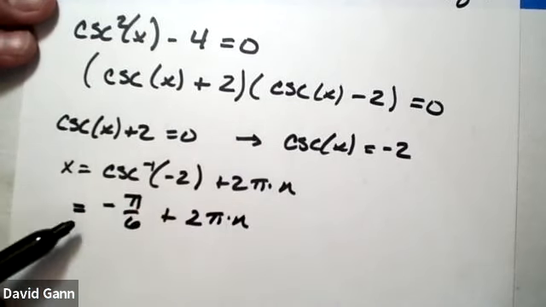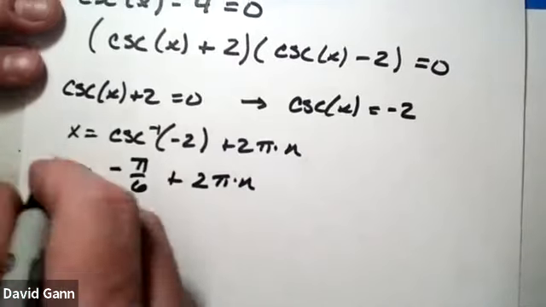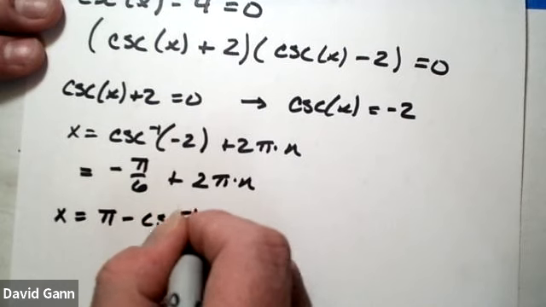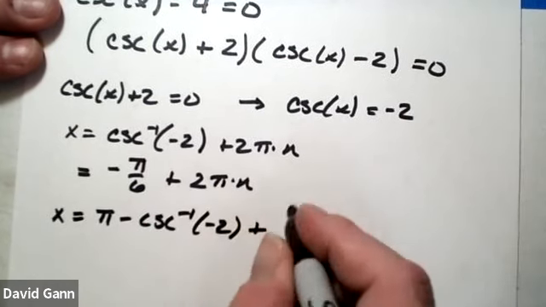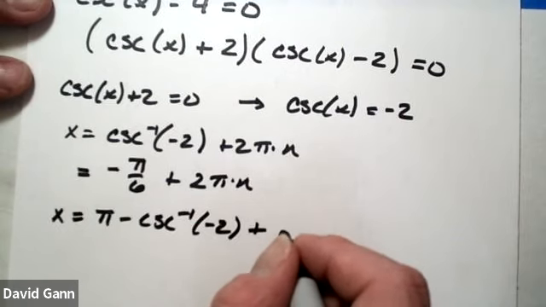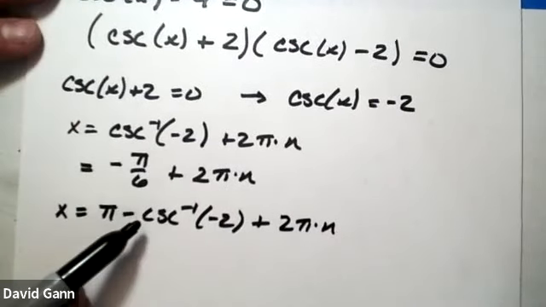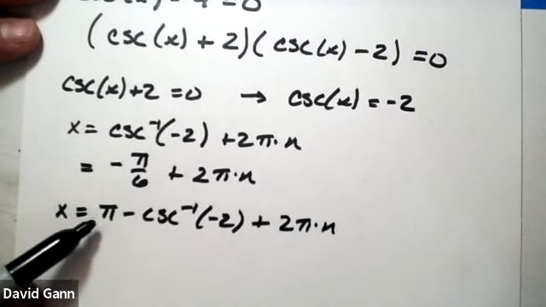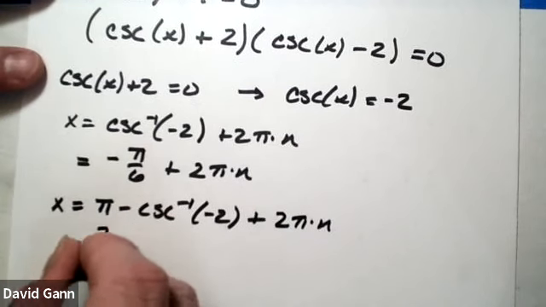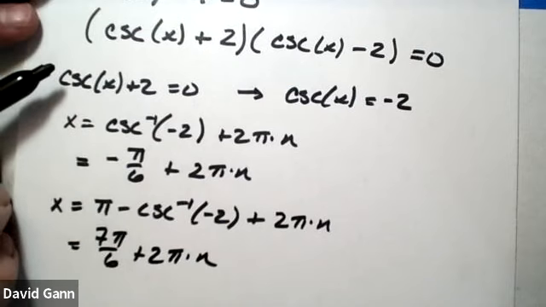But remember, cosecant has the same kind of weird branching that sine does. So we also say x is equal to pi minus inverse cosecant of -2 plus 2 pi times n. Again, this is going to be pi over 6, so this whole thing breaks down into 7 pi over 6 plus 2 pi times n. Okay, so that's the first factor.